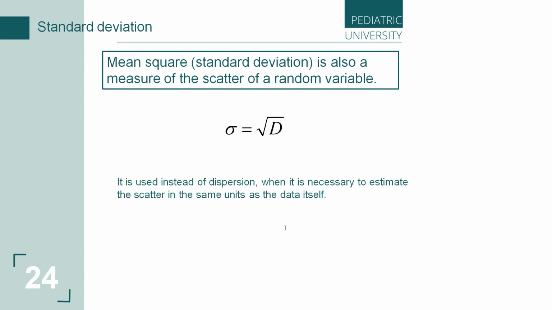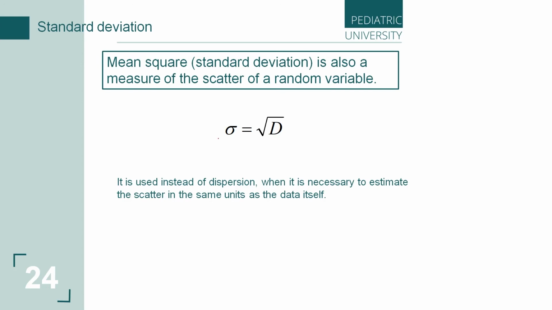The standard deviation is also a measure of the spread of a random value. It's calculated as the root of the variance. It's used instead of the variance when it's necessary to estimate the scatter in the same units as the data itself.